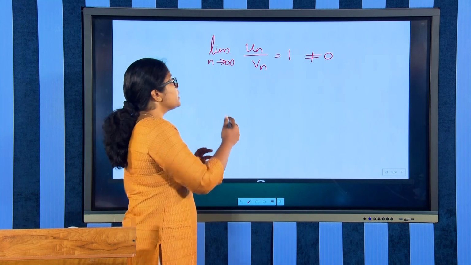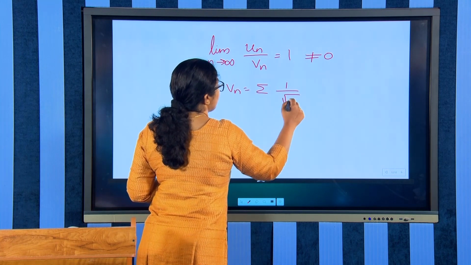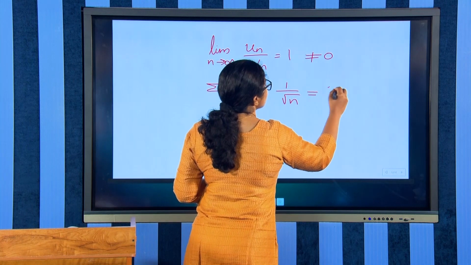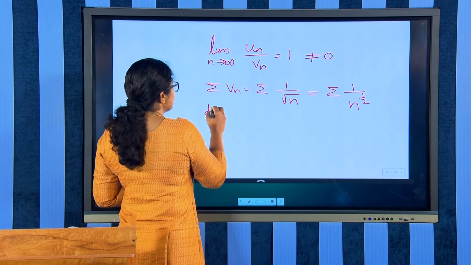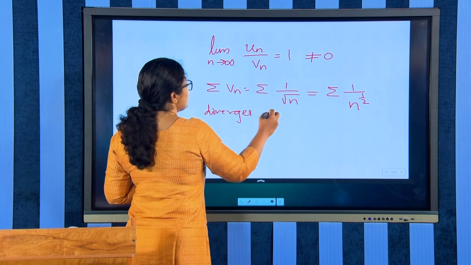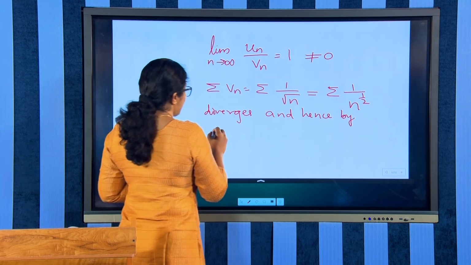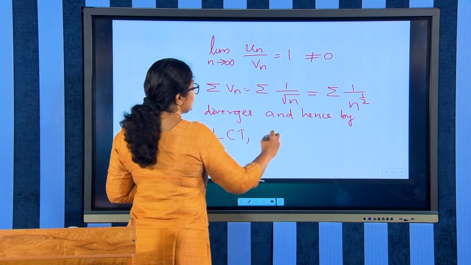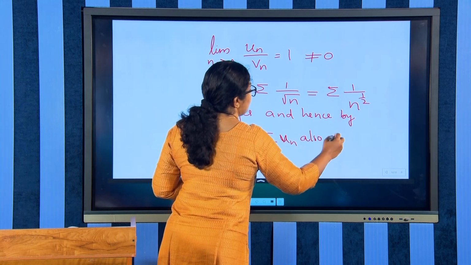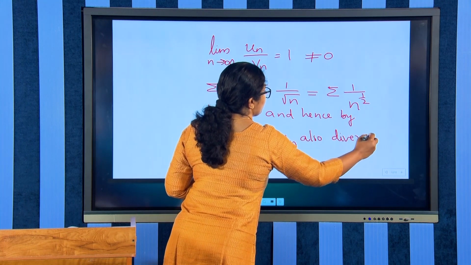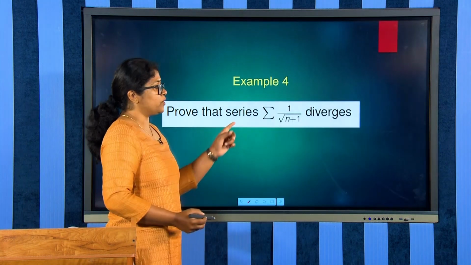So, summation Vn equal to summation 1 upon root n, which can be written in the form summation 1 upon n power 1 by 2, diverges, and hence by limit comparison test, summation un also diverges. So, that is how we can prove that the given series diverges.